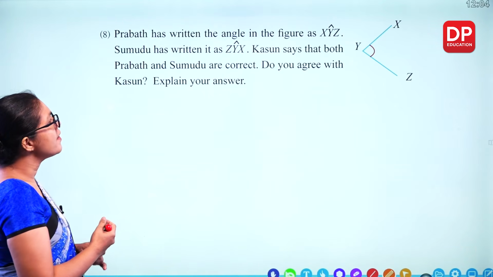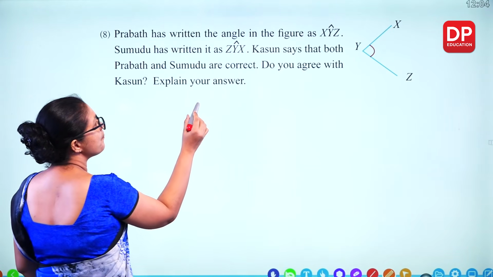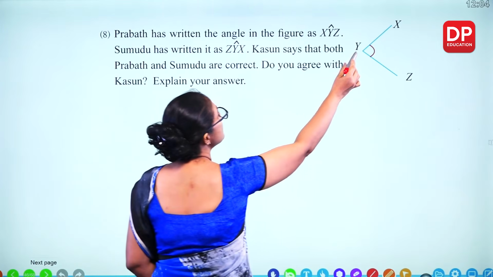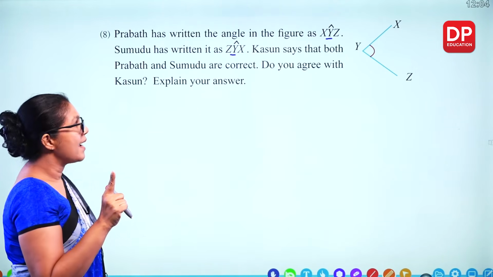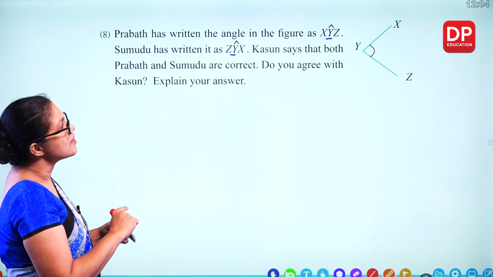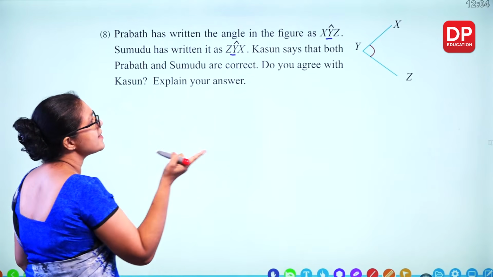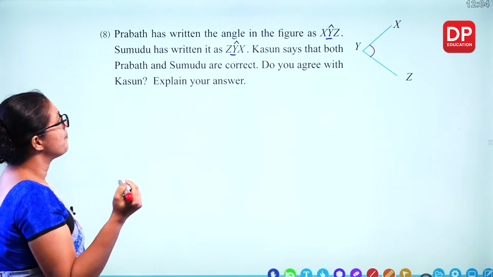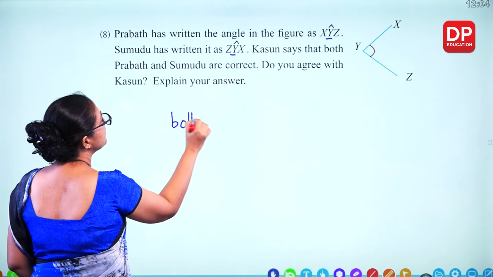Yes, both are correct. So the vertex is the same. So vertex is Y. So the angle in both is Y angle, and you can change the other two letters. So you can label XYZ or ZYX. Both are the same. So both are correct.